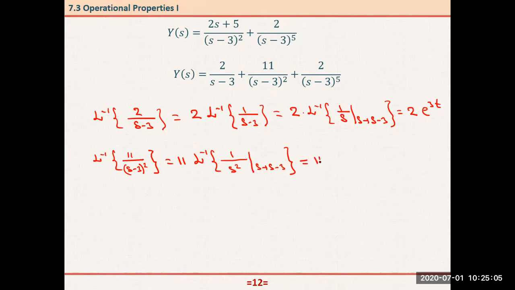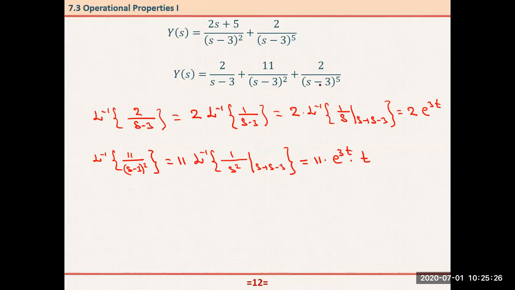Equals 11 times... Now that is our capital F of s, right? So we know that the function whose Laplace transform is 1 over s squared is just t. And how about this thing? This thing gives us e to the power 3t times this function gives us t, right?